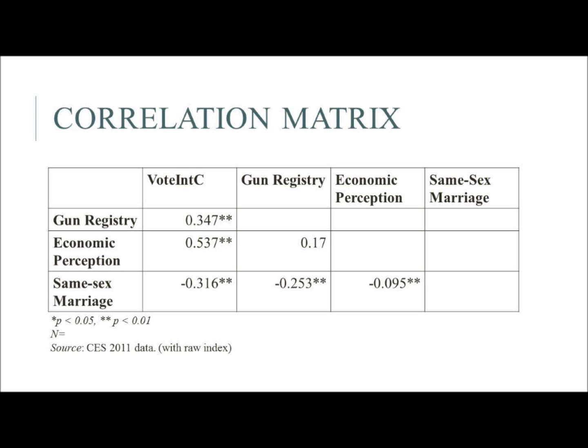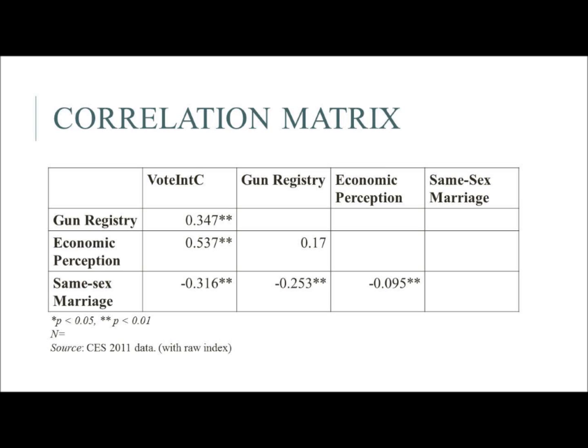A Pearson's R value of 0.316 indicates a strong inverse relationship in which opposition or support for same-sex marriage explains approximately 10% of the variation in conservative vote intention.